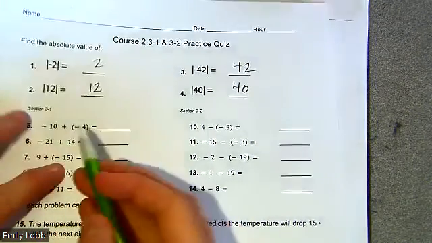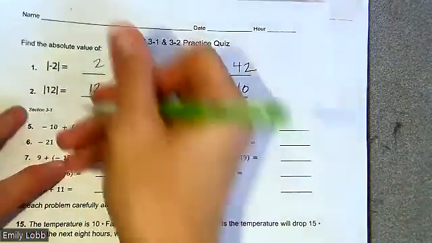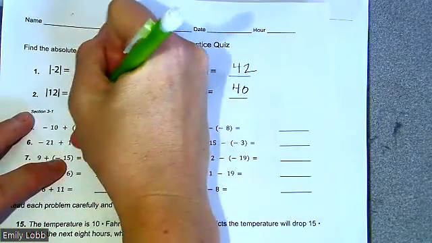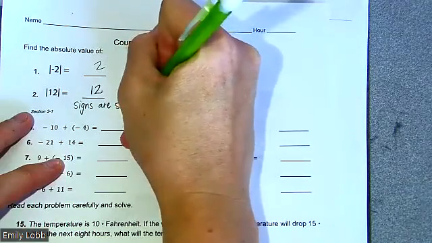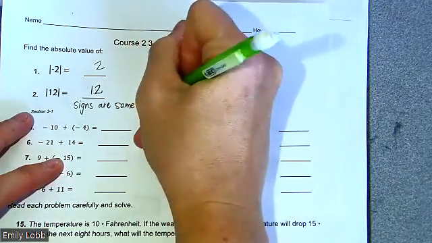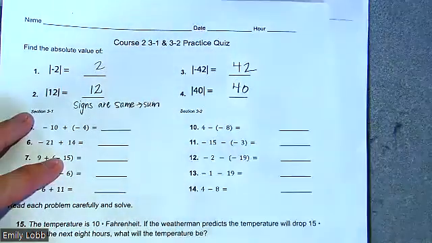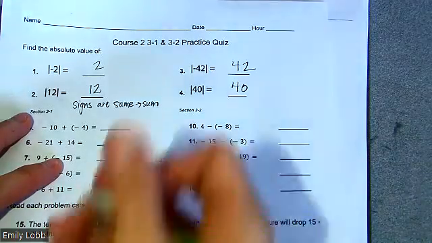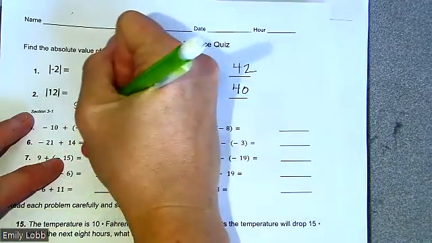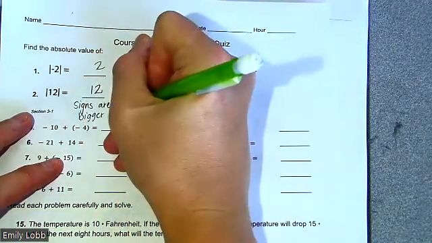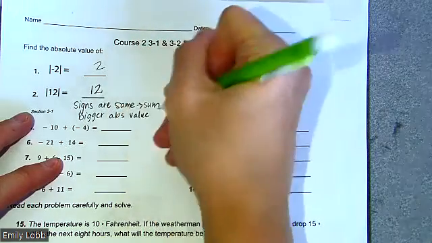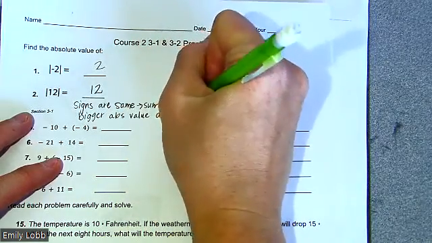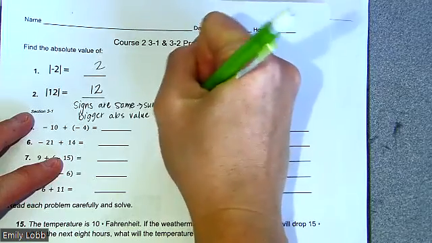So when we add, our rules are when our signs are the same, we find the sum, which means we add the numbers. Now, whatever our bigger absolute value is, that is how we determine our answer's sign.